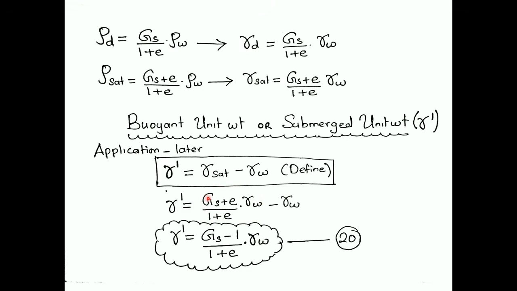Substituting gamma saturation, we get Gs plus e over 1 plus e into gamma w, minus gamma w. Taking 1 plus e common, gamma dash is equal to Gs minus 1 over 1 plus e into gamma w. Equation number 20.